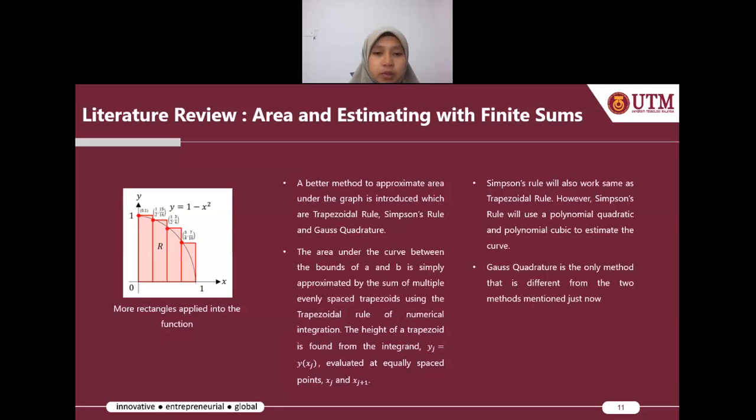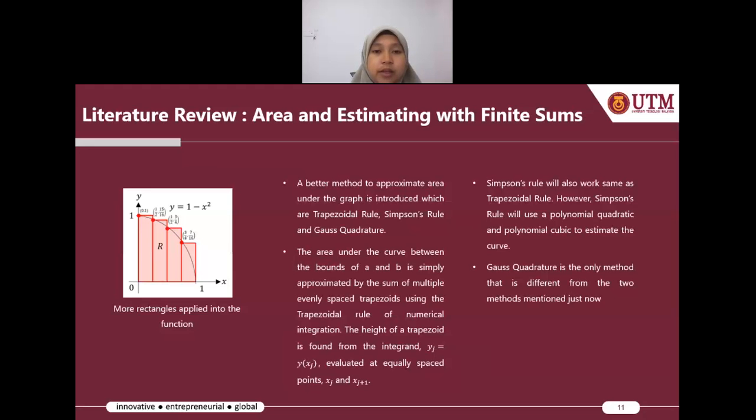To get a better approximation, we can take more rectangles applied to the function and we will get a solution that approaches the real solution. Besides that, we also have other methods to approximate the area under the graph, which are trapezoidal, Simpson's, and Gauss quadrature.